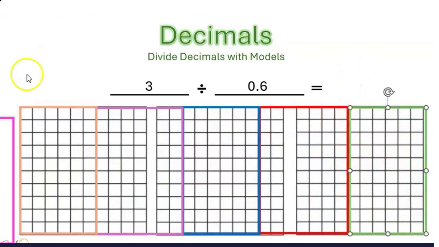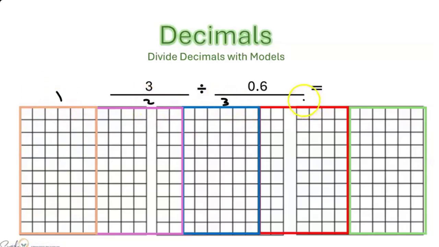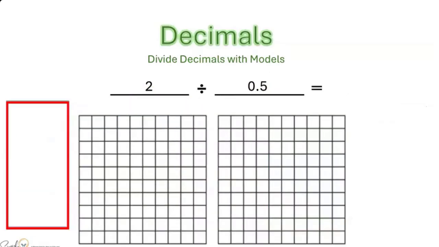So how many did it take to cover the 3 wholes? It took, let's count them, 1, 2, 3, 4, 5. So 3 divided by 6/10 equals 5. 5 of these to equal 3. 2 more problems we can look at, and hopefully you'll start getting the hang of it.